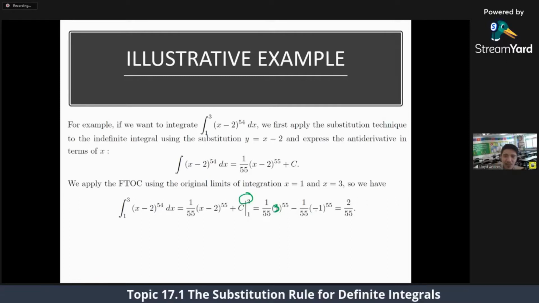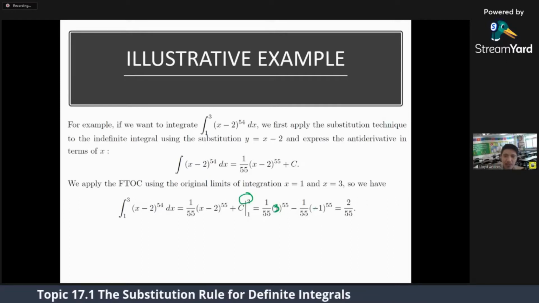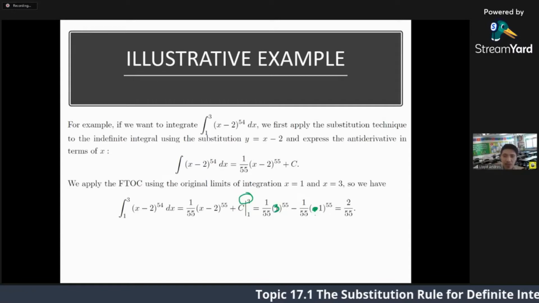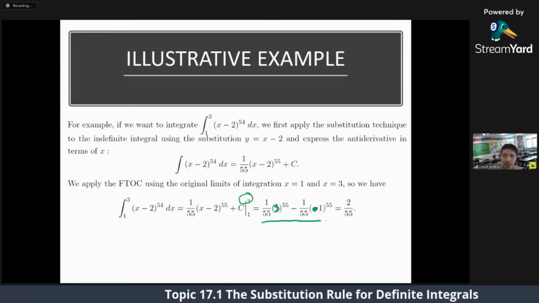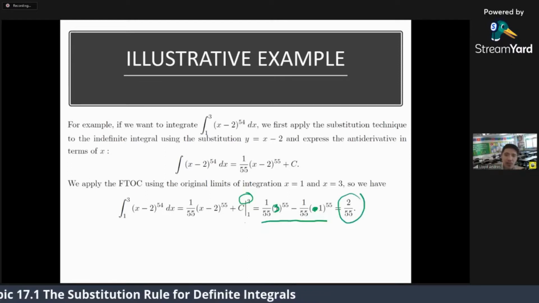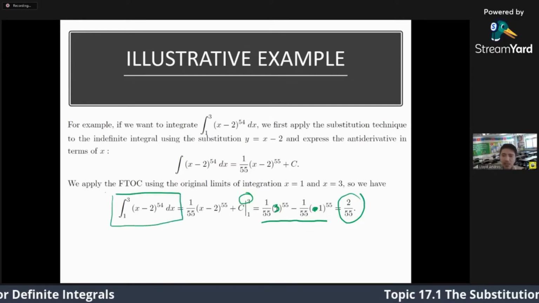So, this must be 1 lang. So may mga mali sa libro, no? So 3 and 1. So therefore, pag i-simplify na nimo, the answer is 2 over 55. So using the first method, ang integral ani is this one.